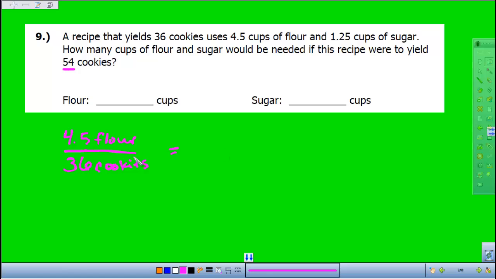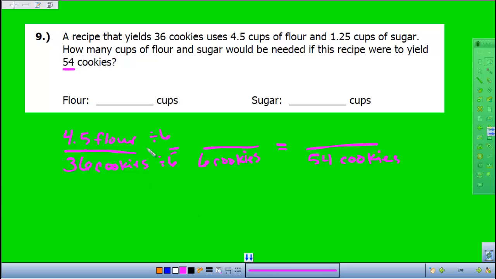So first I want to either go down to what would 1 cookie be, but I'm going to go down to 6 cookies because I know 6 goes into 54 later, which we will get to in a second. So first, if it took 4.5 for 36, I divided 36 by 6 to get 6. So I need to do 4.5 divided by 6.